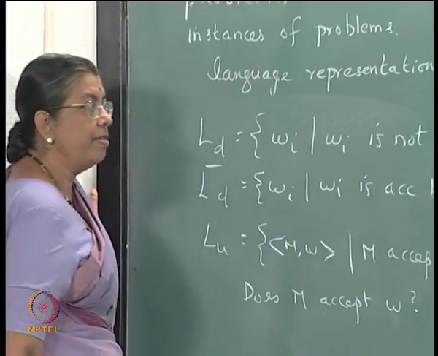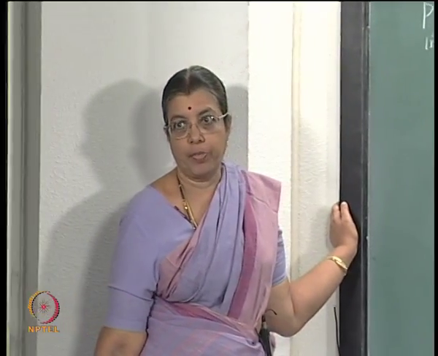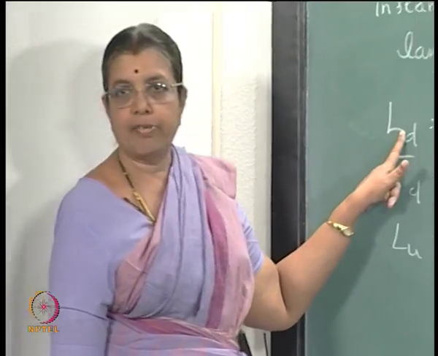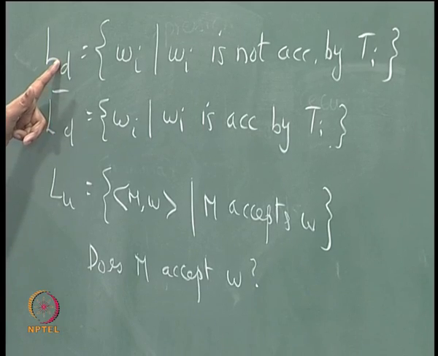Now, we have seen two ways of proving the halting problem. Almost similar idea, but in one we showed that if the halting problem were decidable, then you would have a Turing machine for LD.